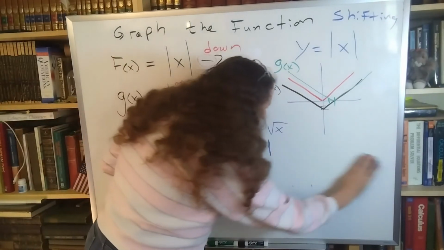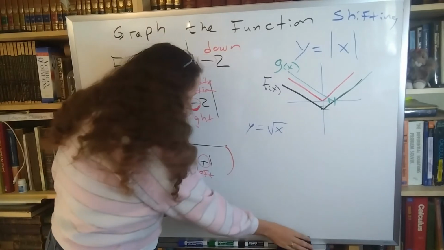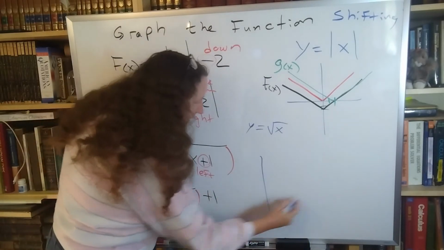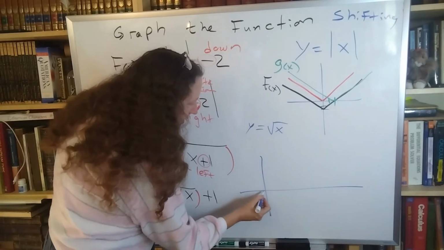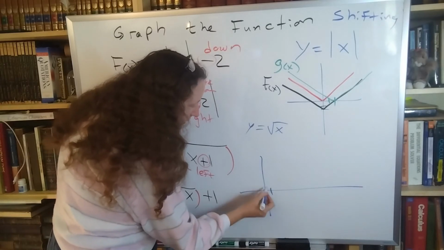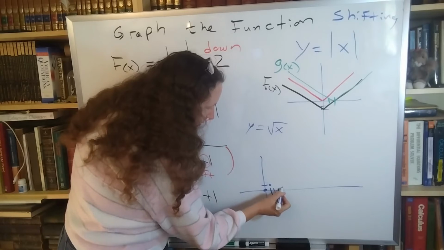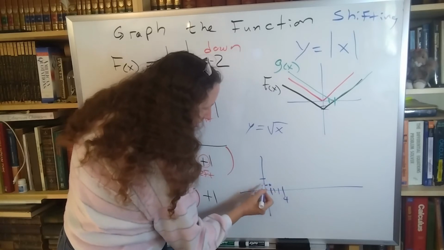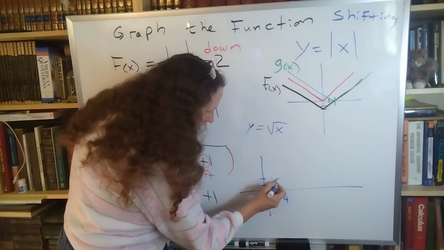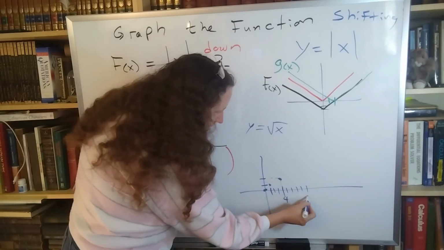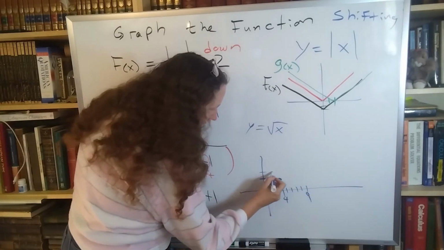So let me redo this whole thing here. You have your axes. You have 0, 0. You have 1, 1. You have 4, 2. 9, 3.